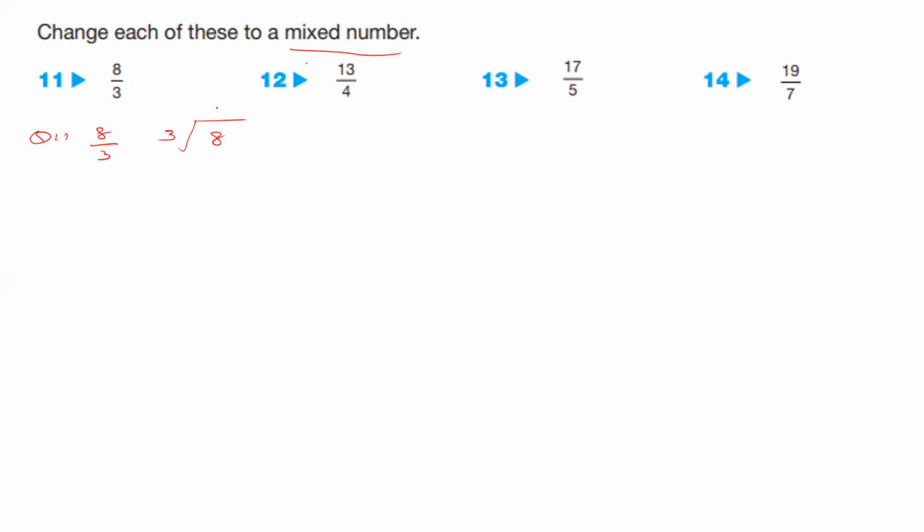So 3 times 3 is 9, which is greater than 8. So we come to 3 times 2, which is 6. Subtract, we get here 2. 2 is the remainder, and this 2 above is the quotient, and this 3 is the divisor.